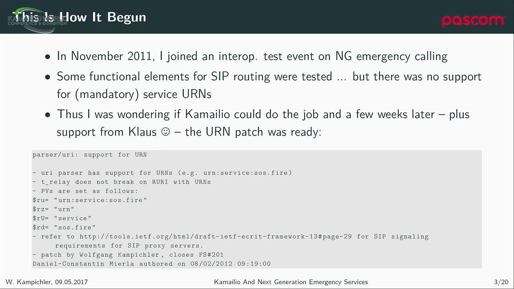I think it was the 8th of February 2012. That was the day when Kamailio started to support the service URN. And since then, all the interoperability test events went quite well, because we had a very good routing element that supports service URNs.